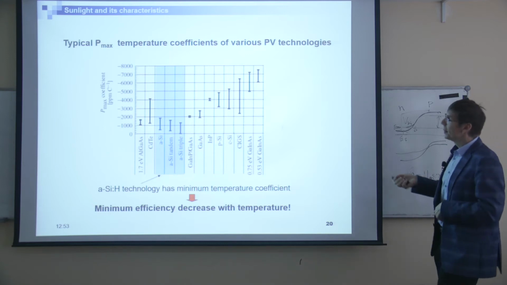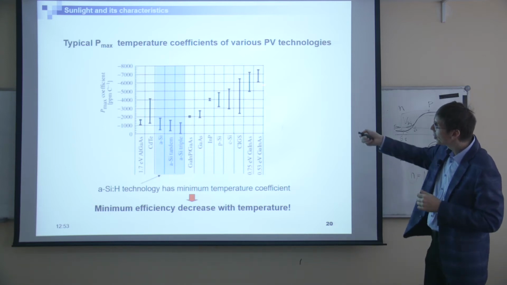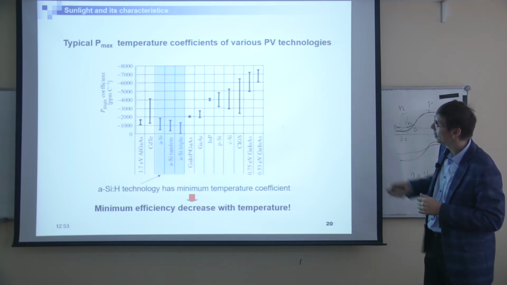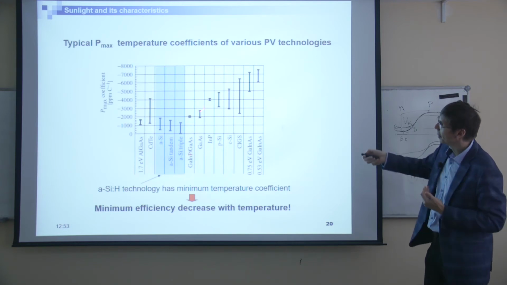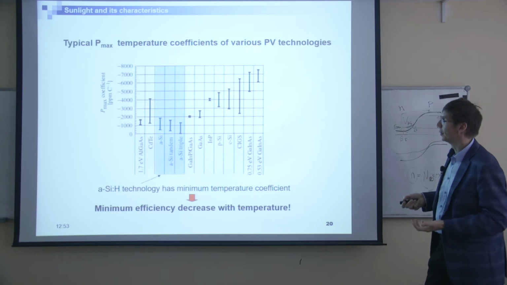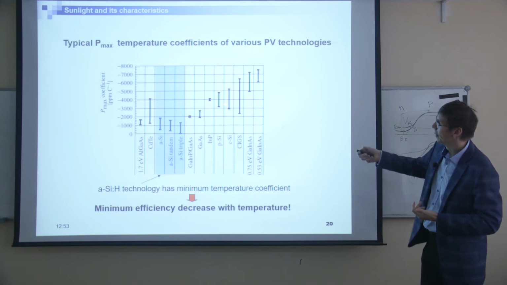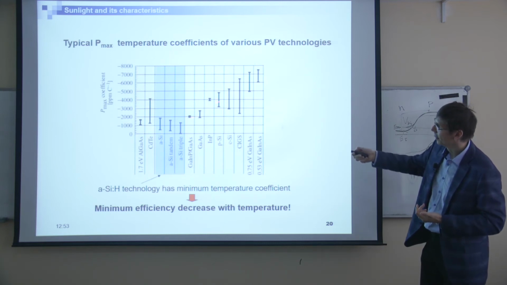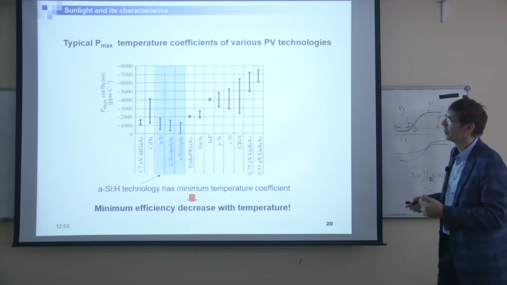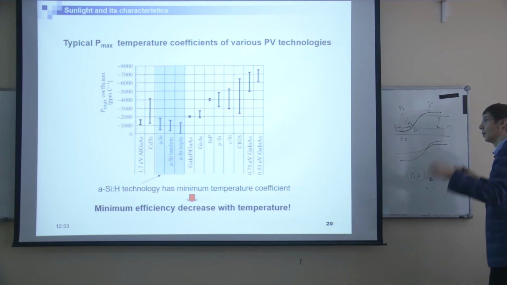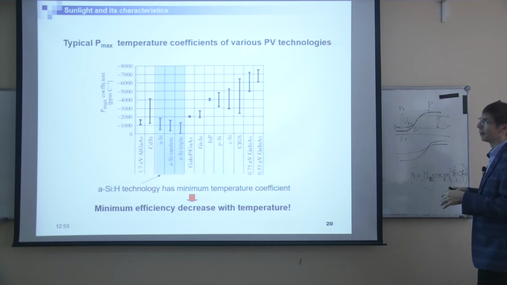So you can see that in general you have some kind of dependence. It's not indicated here, but it depends on the gap of the material. Because here the gap is increased, and you see this negative temperature coefficient decreased.